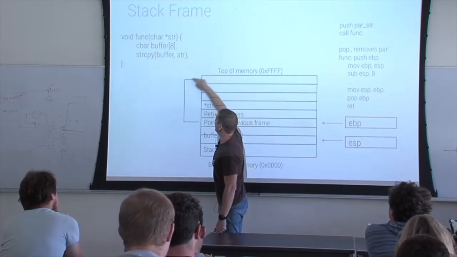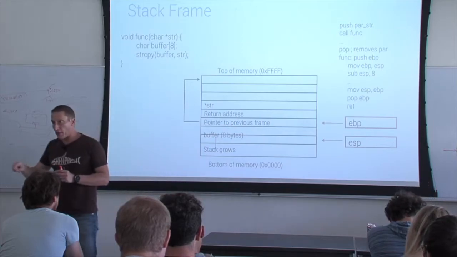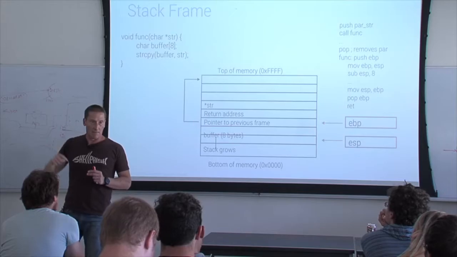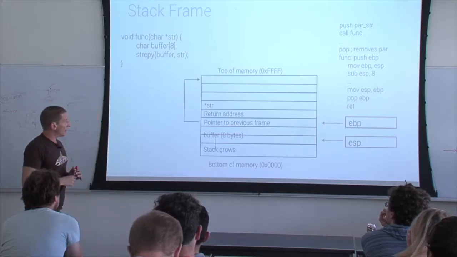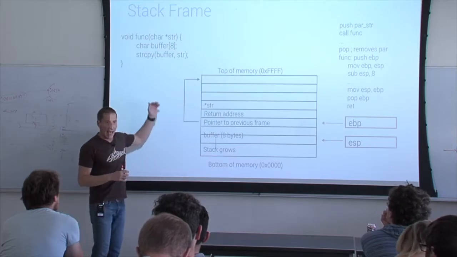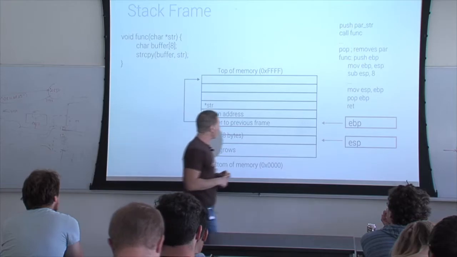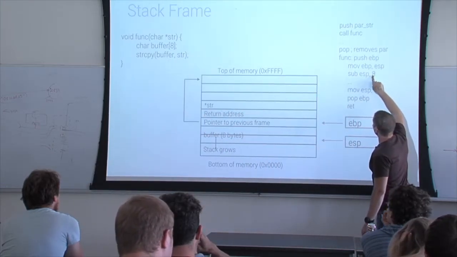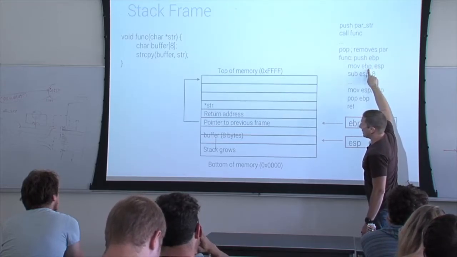This fundamentally creates a chain that allows anybody to go back if there are multiple function calls one after another, by following the EBP pointer. You can access the local environment of whoever called you before, up to the very beginning. Then, after push EBP, it moves the value of ESP into EBP.